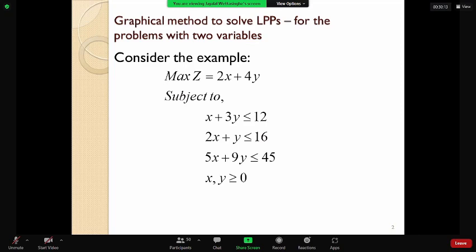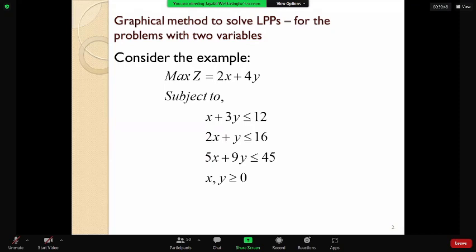If you want to find two coordinates from the given equation, you can substitute some value for a variable. For example, we have x plus 3y equals 12. You can substitute x equals 1. Then you can easily find the y value corresponding to x equals 1, and you have one coordinate: 1 and the corresponding y value.